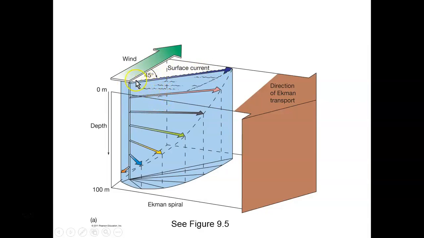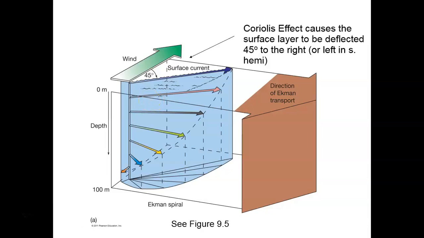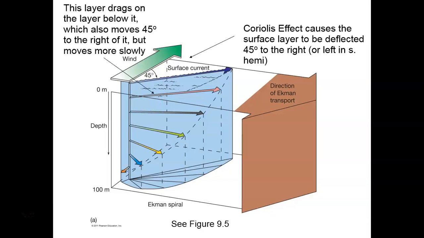All right. So what ends up happening is we end up with this spiraling effect, where each layer of water is going about 45 degrees to the right of the layer of water above it. And it's also decreasing in velocity. All right, so here we have Coriolis effect causes the surface layer to be deflected 45 degrees to the right, or the left in the southern hemisphere.